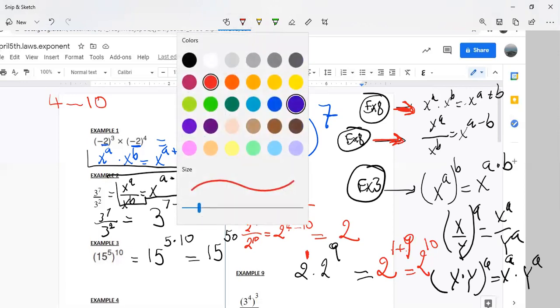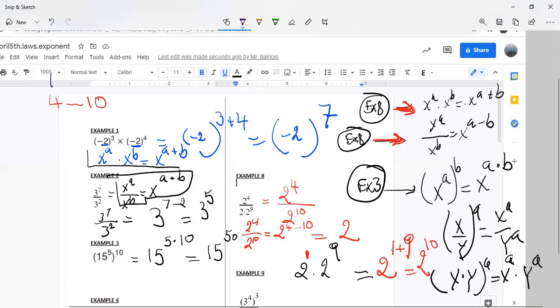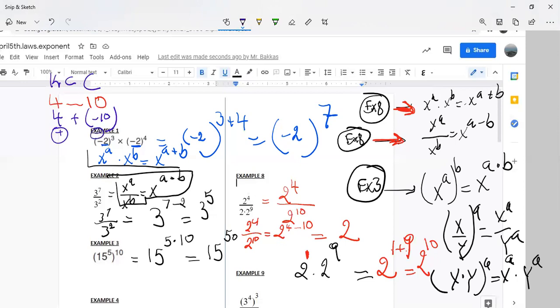If you remember, when it's subtraction, we have to change it to addition using KCC. So we keep, change. Now it's addition. I got a positive 4 and a negative 10. They have different signs. The rule says subtract them. 10 minus 4 is 6. I keep the sign of the number with the bigger absolute value. So we're going to keep the negative 6. So this is going to be 2 to the negative 6.